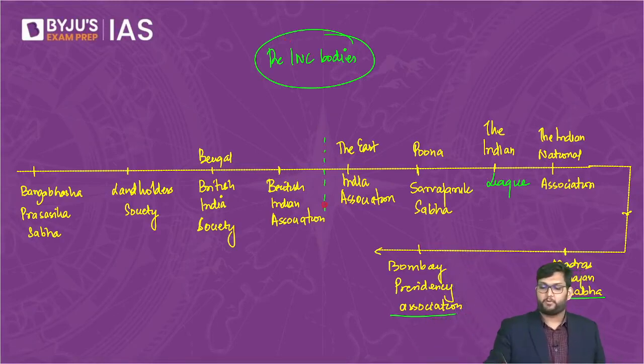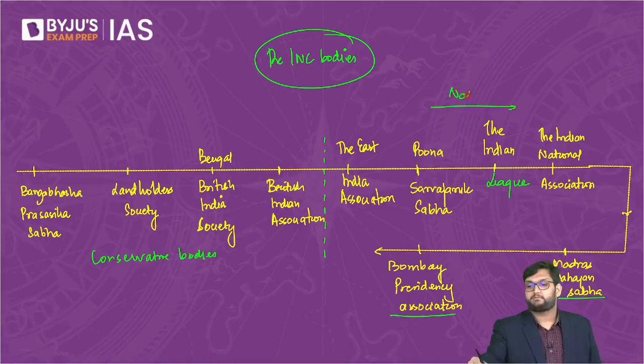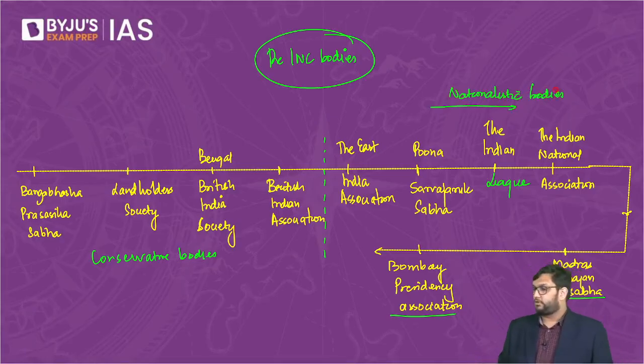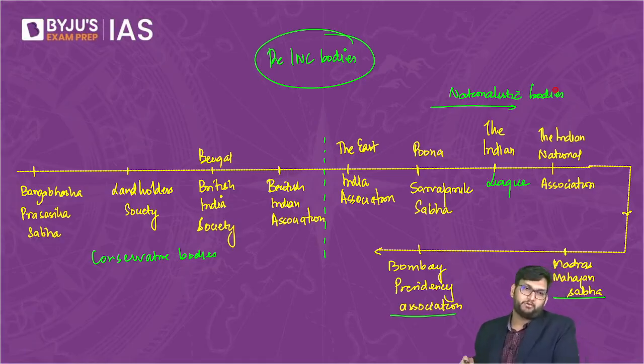This is the cutoff point. All of these are conservative bodies. Thereafter, these are all nationalistic bodies. What is their purpose? Banga Bhasha, Landholder Society, Bengal British India Society, and British India Association are about safeguarding the interests of loyalists.